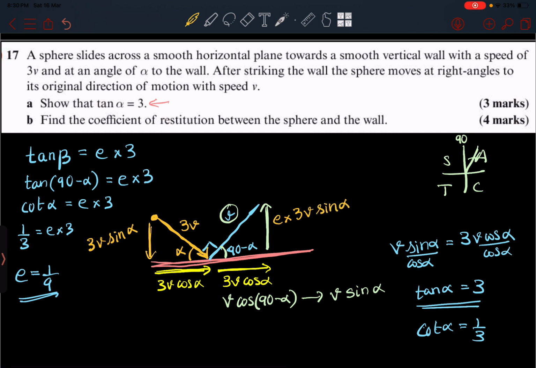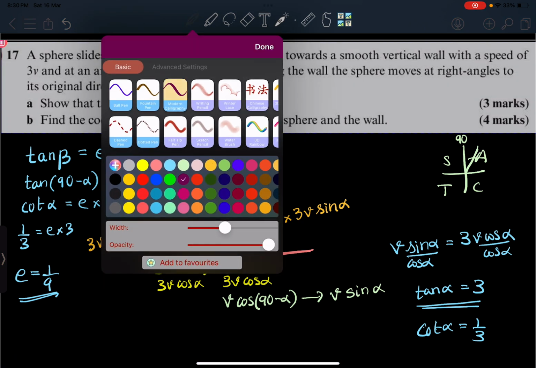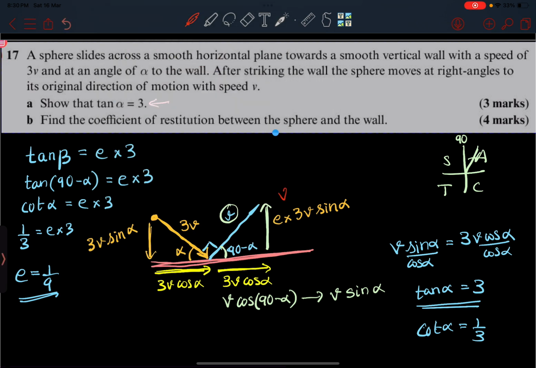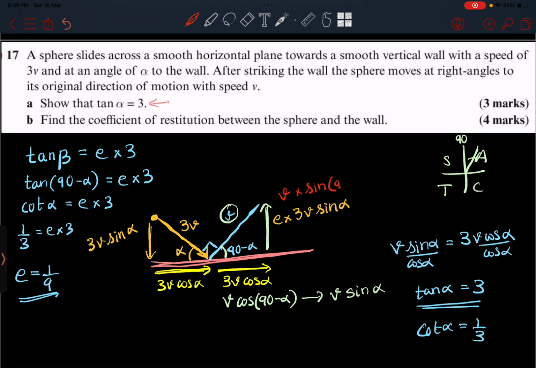Then I can also say that same perpendicular component would be equal to v times sine of 90 minus alpha. How did I get that? The first comes from the idea that the perpendicular component is multiplied by E. The second is I used this right angle triangle and said if this is v and that is 90 minus alpha, then this is that. So I was then able to equate both of them together.